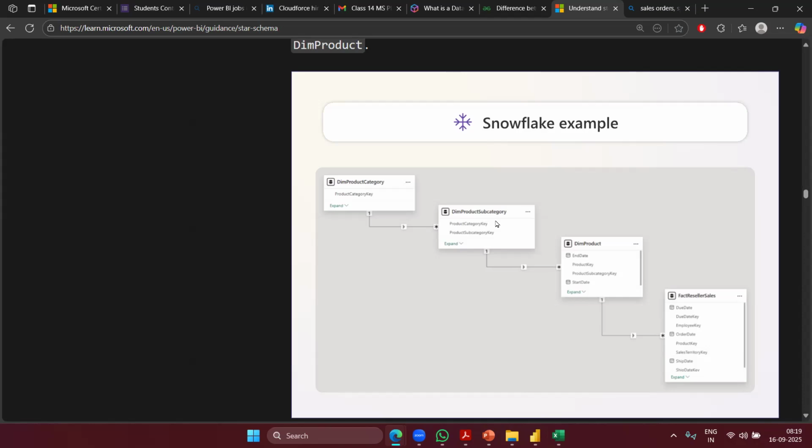In a nutshell, if it is a single level, only till the dimension products, it is a star schema. But if a dimension table further refers to another dimension, then we call it a snowflake model.